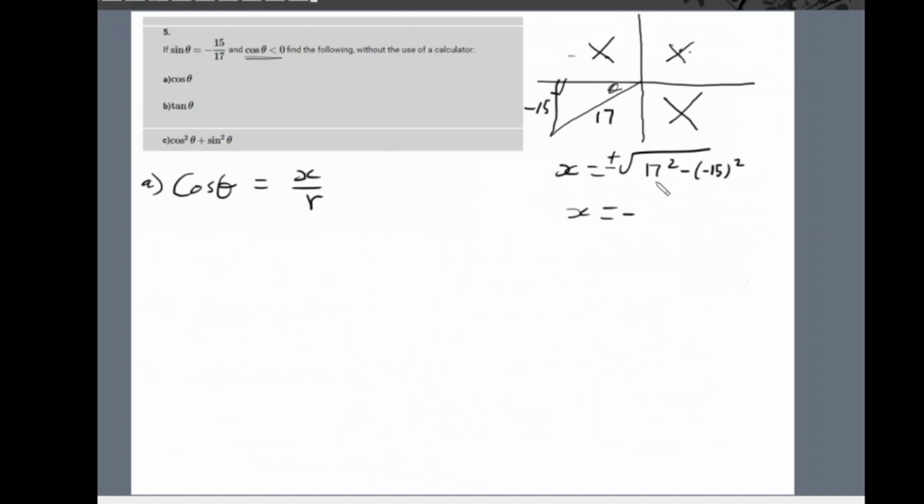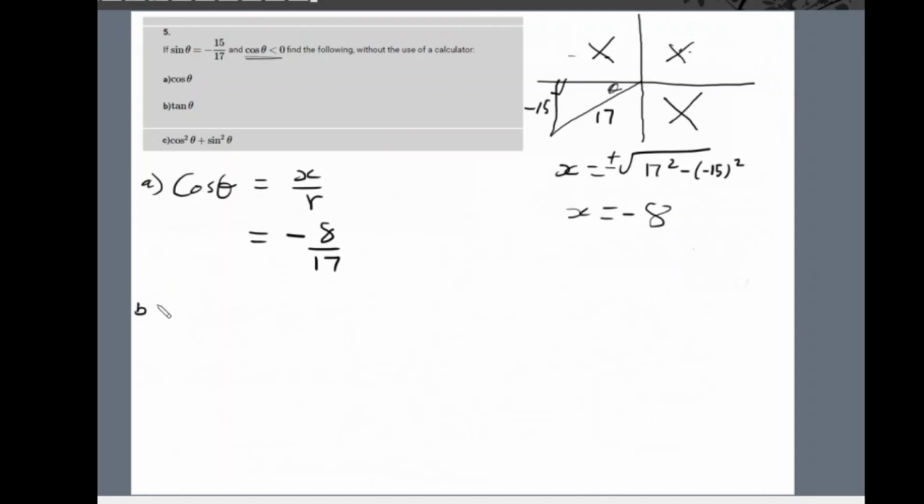If you punch this in your calculator, you will get x is minus 8, which means cos theta is minus 8 over 17. Okay?